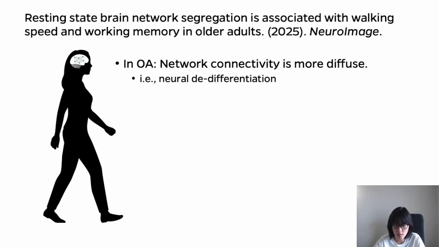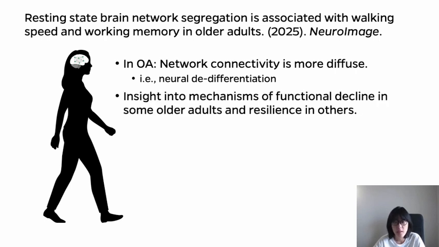And these functional networks measured by resting state fMRI are more diffuse, and this could be a type of age-related neurodifferentiation. And characterizing intrinsic brain connectivity differences in older adults across a wide walking spectrum can provide insight into mechanisms of why there is functional decline in some older adults, but resilience in others.